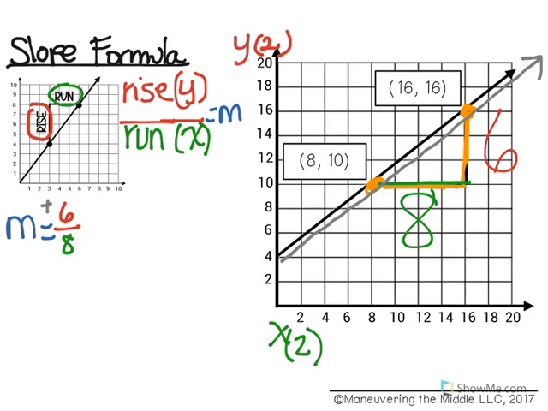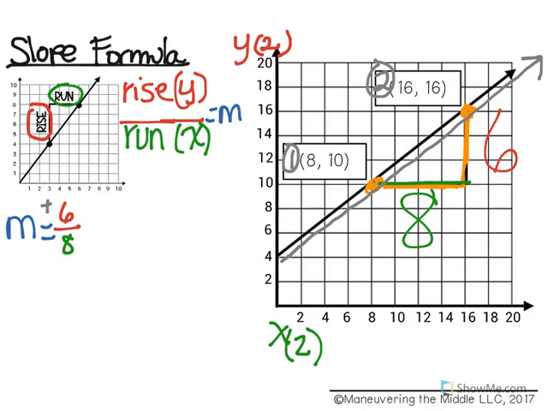Don't ever forget it. And so now I'm going to create a formula for this. I know my 2 points are (8, 10) and (16, 16). If I read my graph from left to right, the first point I see is (8, 10), and the second point I see is (16, 16).